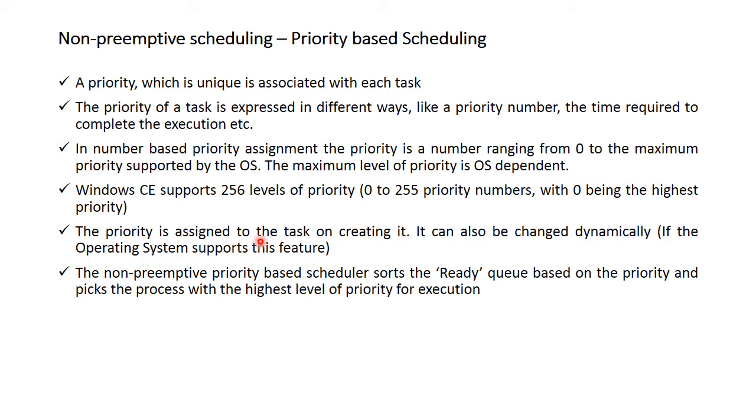The priority is assigned to the task on creating it. It can also be changed dynamically during runtime if the operating system supports this feature. The non-preemptive priority based scheduler sorts the ready queue based on the priority assigned to each process and picks the process with the highest level of priority for execution.